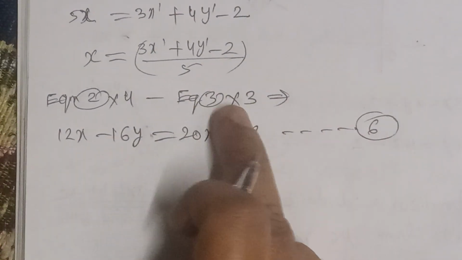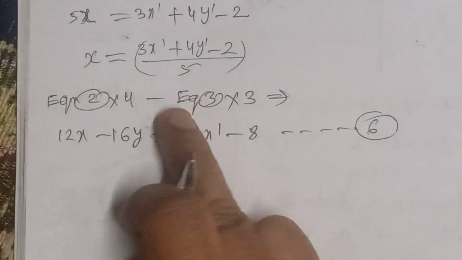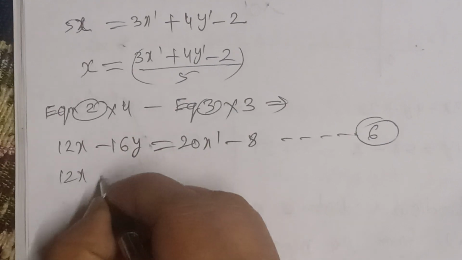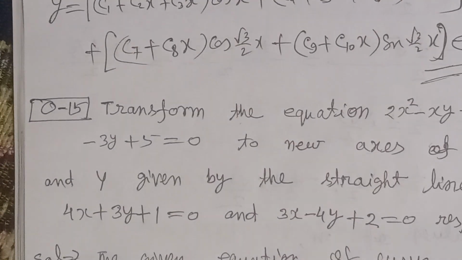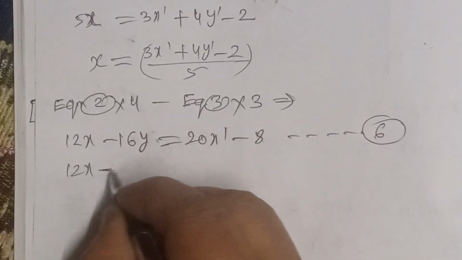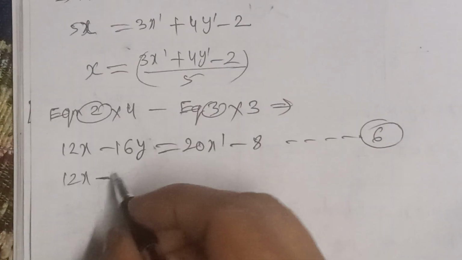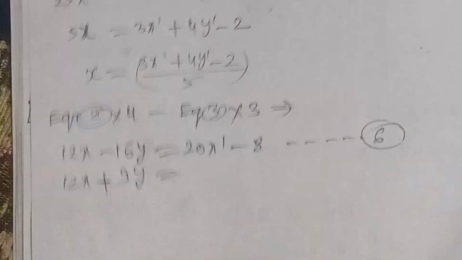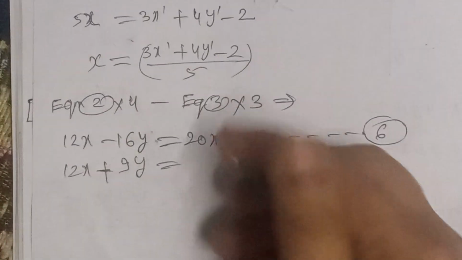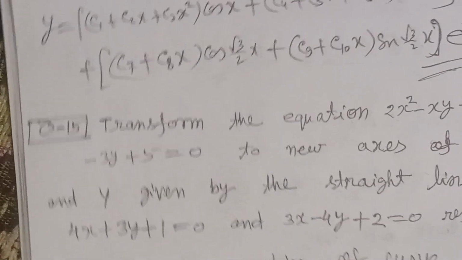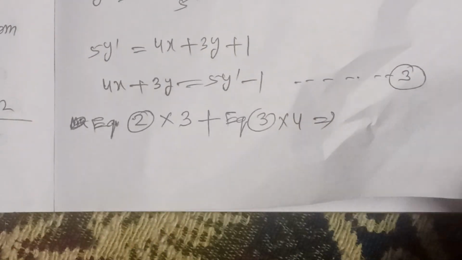And equation 3 multiplied by 3, we get 12x plus 9y is equal to 15y dash minus 3.